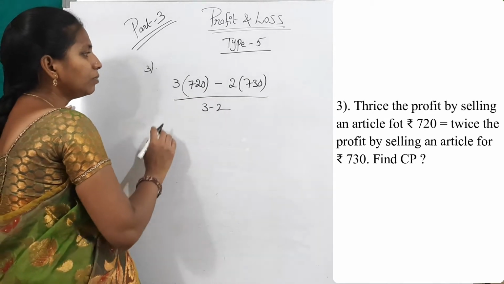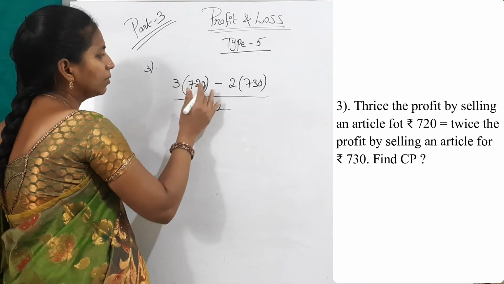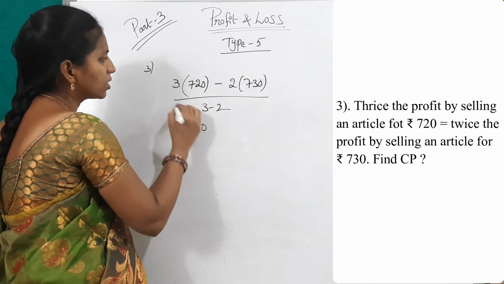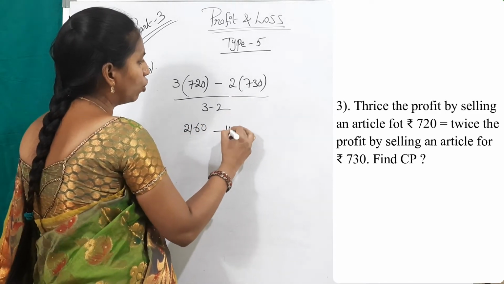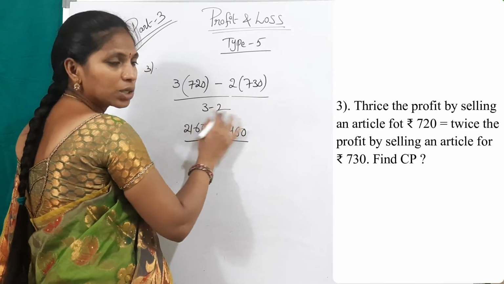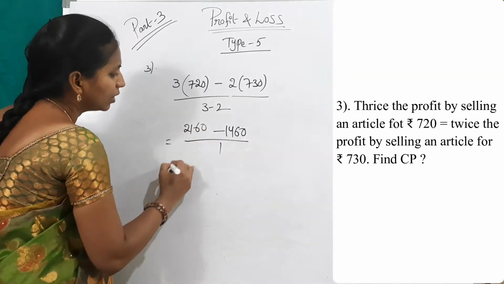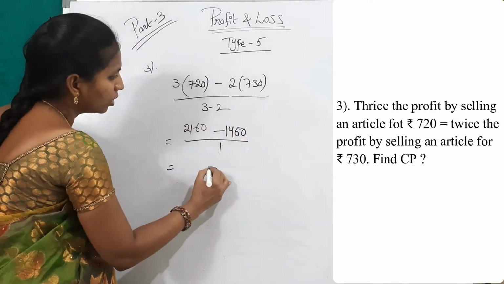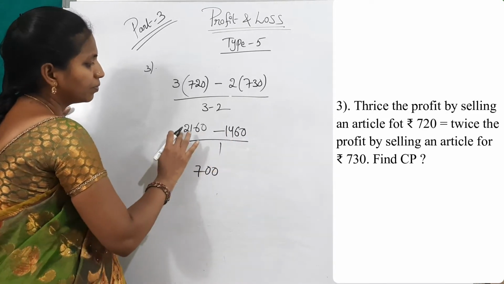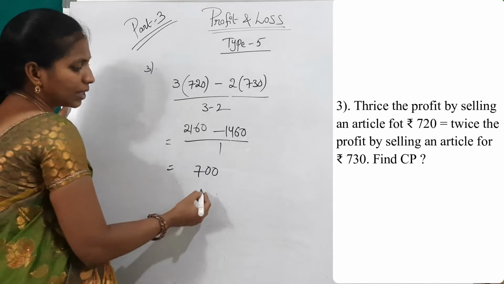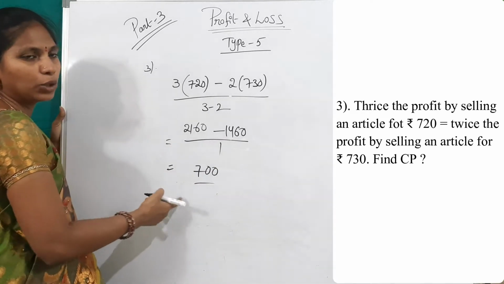Arithmetic mean. Okay. Now calculate (2160 minus 1460) by 3 minus 2, that equals 700. Okay, 700 is the final value.